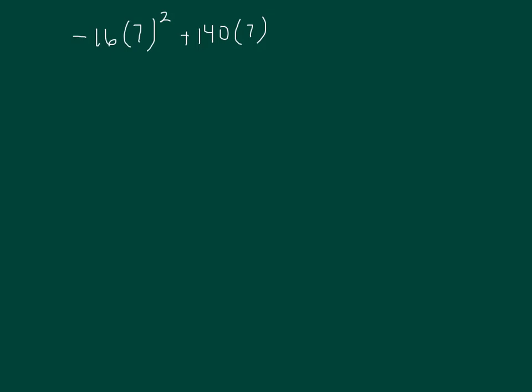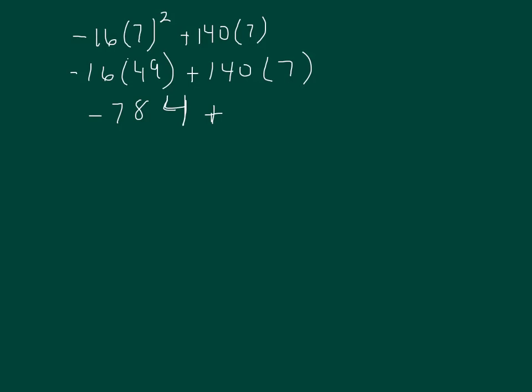We start out with negative 16, 7 squared is 49, so times 49, plus 140 times 7. Negative 16 times 49, I cheated here: negative 784.